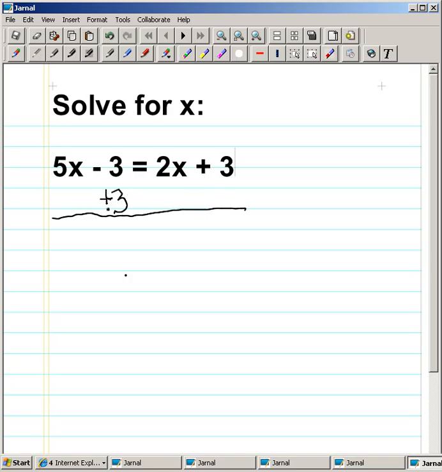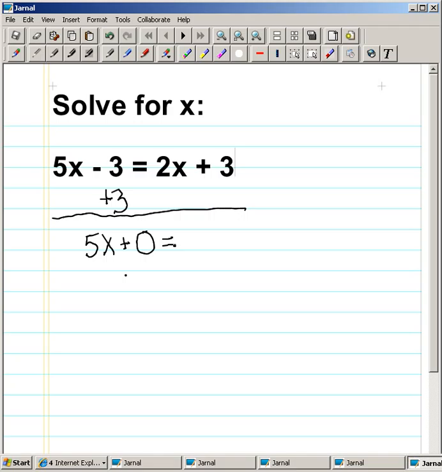So by adding 3 to the left-hand side, I have created a problem in which there's only a 5x term remaining, because negative 3 plus 3 will cancel and become 0. So literally, I have 5x plus 0.